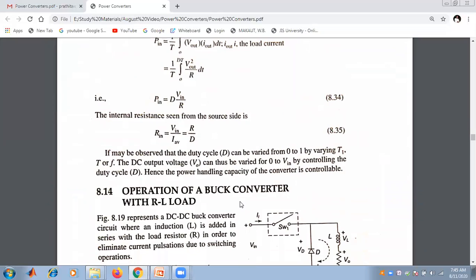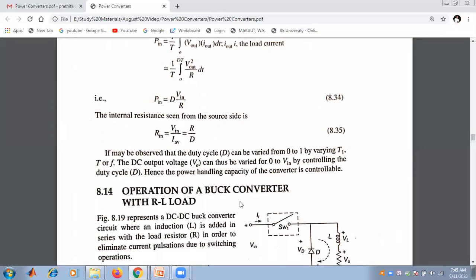So the power handling capacity of the converter is controllable. This is the basic operating principle of the buck converter that we have already discussed.